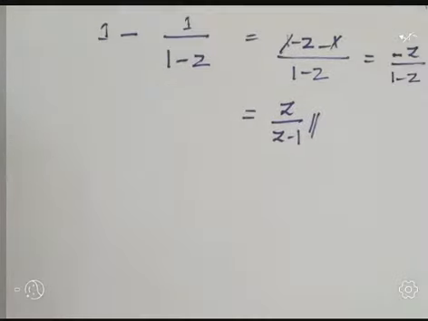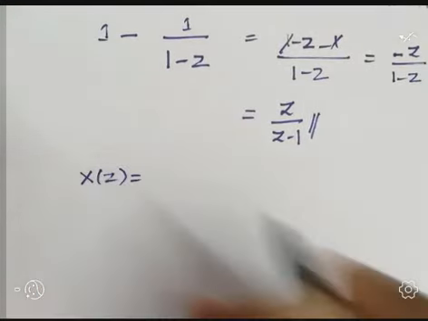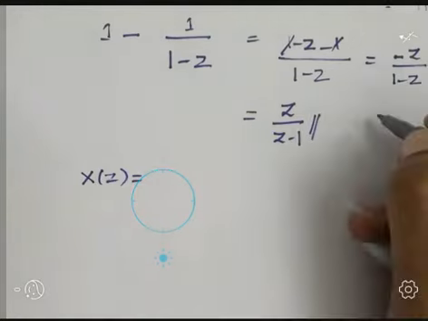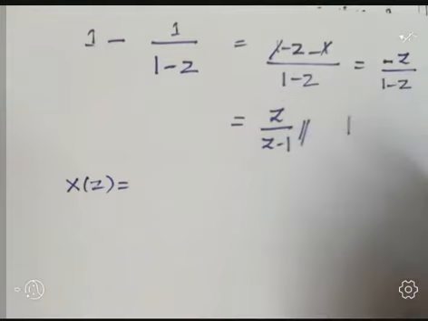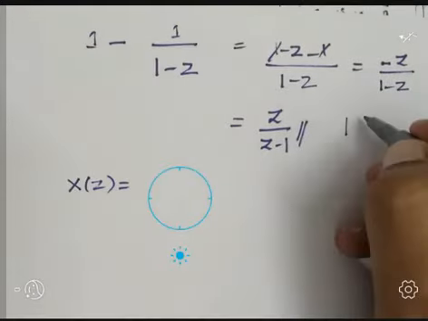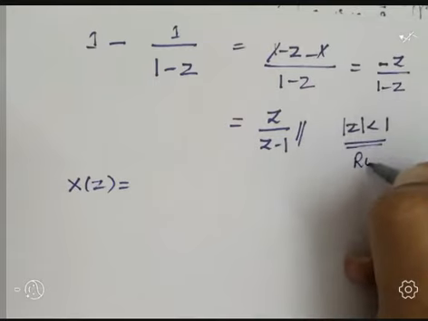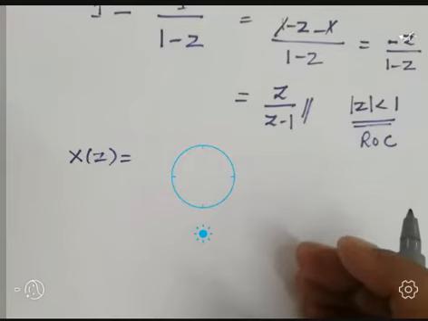So add these two things, hence we got X of z equal to the first part result plus the second part result. Here also the condition is that this holds good when mod of a is less than 1. A is z, so mod of z is less than 1. This is the ROC of the second part of the signal. Okay, next join these two things.